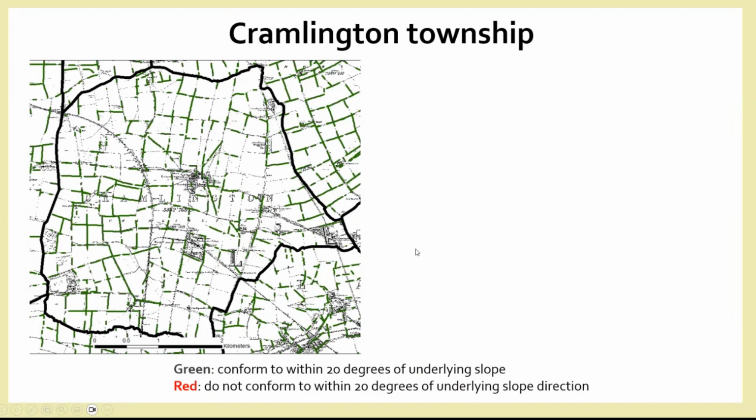Just to give another take on conformity, this is showing Cramlington Township, which is right next door to Horton Township, which we just looked at.